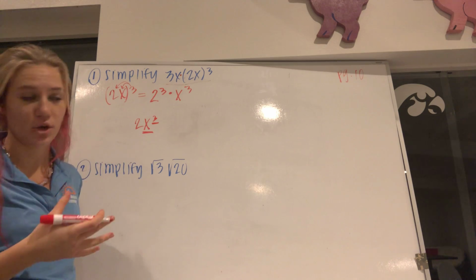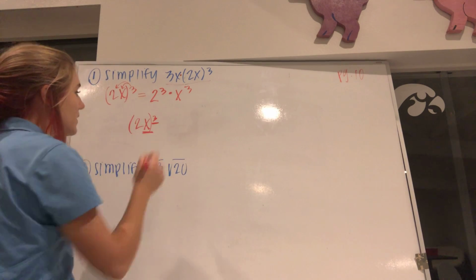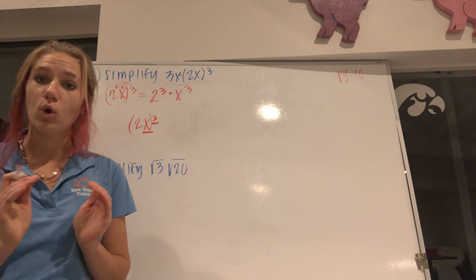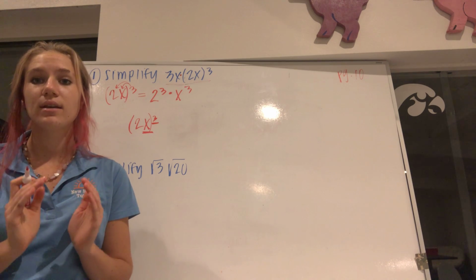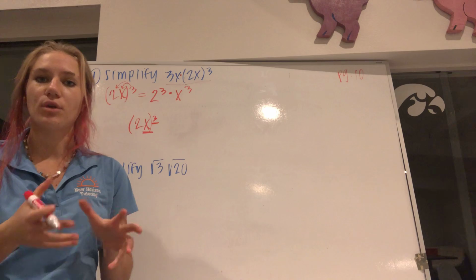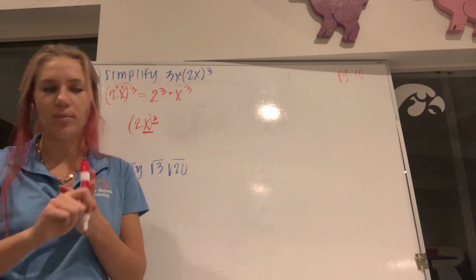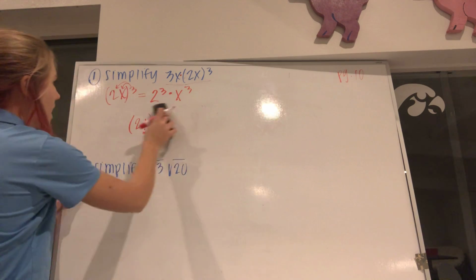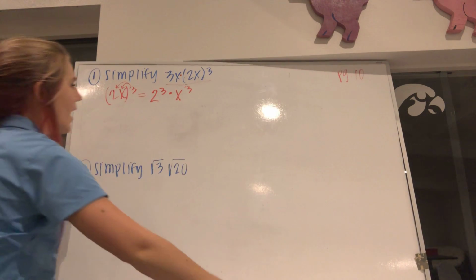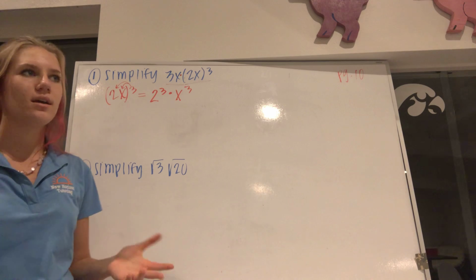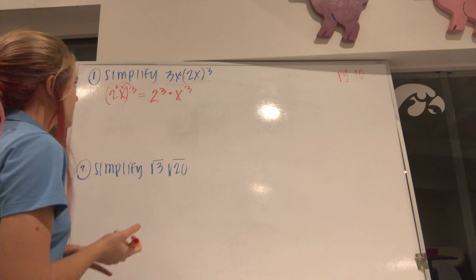But since I put parentheses around it, I'm saying that that whole quantity 2x is being cubed. So like I said before, you can section it off into 2 different parts, the number 2 and the variable x. Just keep that in mind, that is going to be the case when you're dealing with exponents, parentheses, stuff like that.